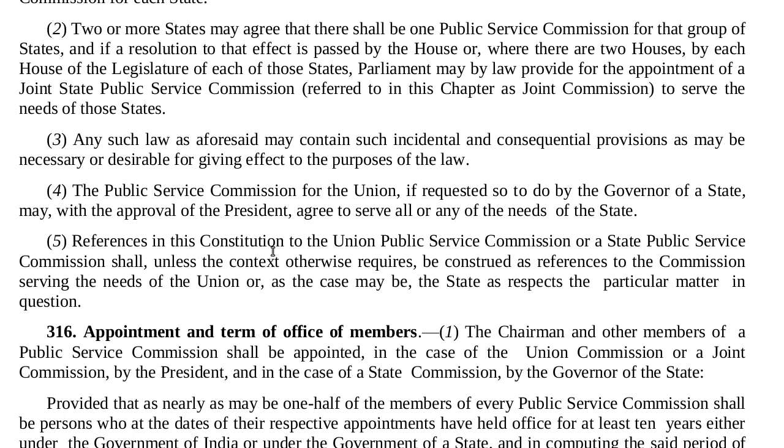References in this Constitution to the Union Public Service Commission or a State Public Service Commission shall, unless the context otherwise requires, be construed as a reference to the Commission serving the needs of the Union, or, as the case may be, the state as respects the particular matter in question.